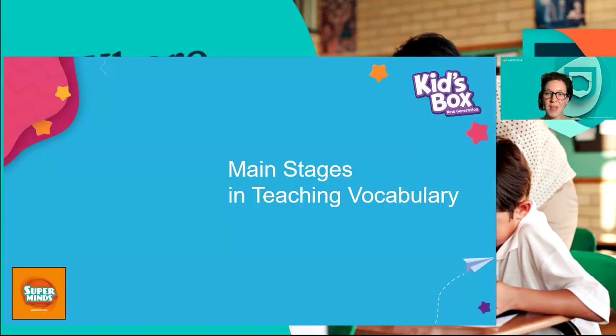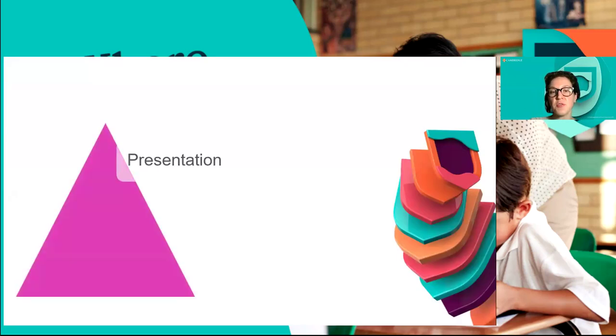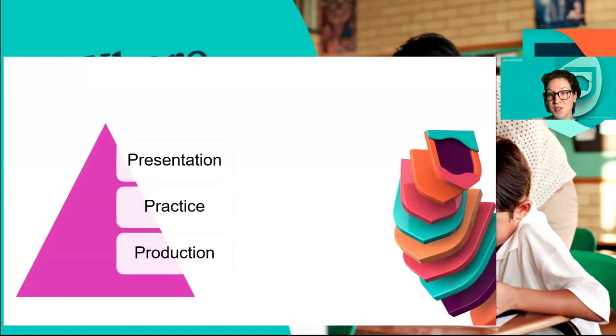So, the first thing we will talk about is main stages in teaching vocabulary. I'm pretty sure that I've been showing these triangles before, and you all remember the presentation, practice, production idea, which I'm not a big fan of.